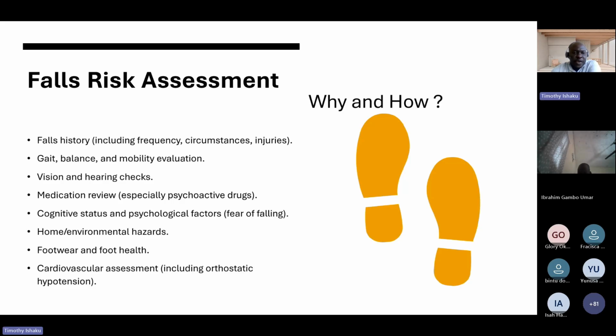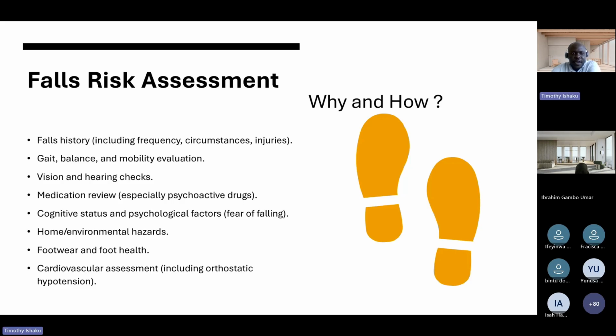And understanding the patterns at which these falls happened will help us identify possible modifications. There are things that we can modify and that will solve the problem, and there are things that we can't modify. So fall history is the main bit for falls assessment.